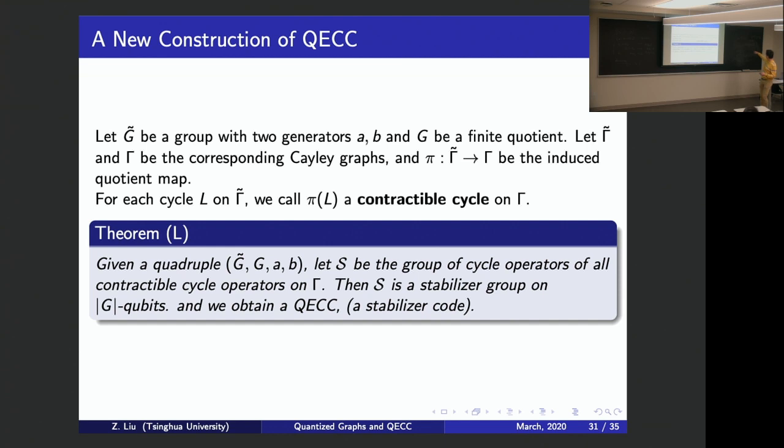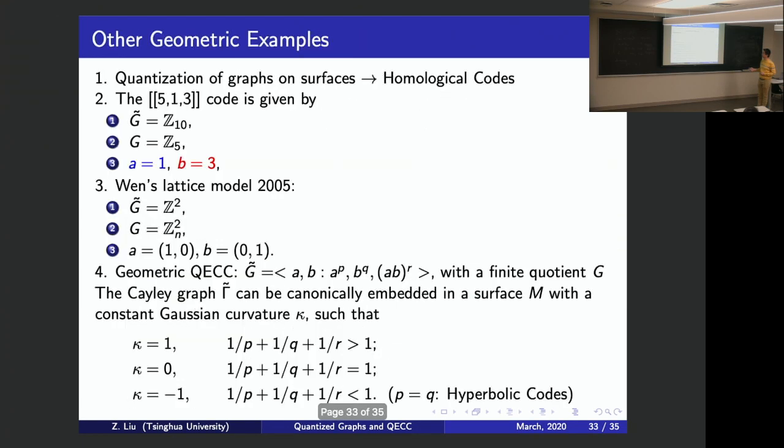And here is one example. The bigger group will be like Z cross Z, and the quotient is Z mod n cross Z mod n. And the relations for the bigger group are this. And for the quotient, we have the additional relations. They don't come from here. Those become the logical ones, topological. But in general, it's not necessarily topological.